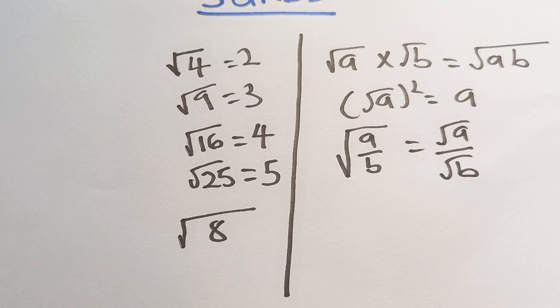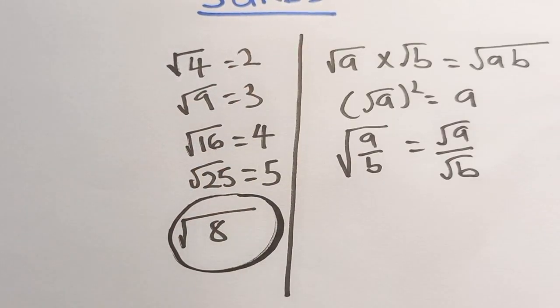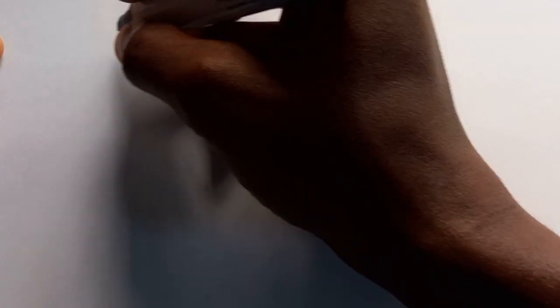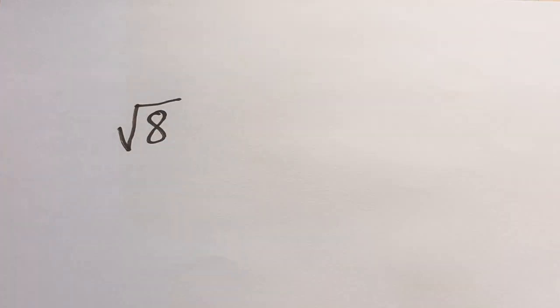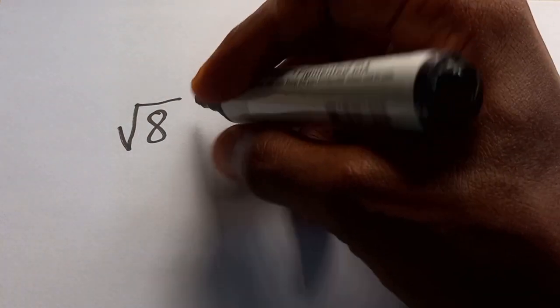So we're now about to simplify and get the solution for square root of 8. To find the square root of 8, we must ask ourselves, which of the perfect squares, let's say 4, 9, 16, 25, can we multiply with any number to get 8?